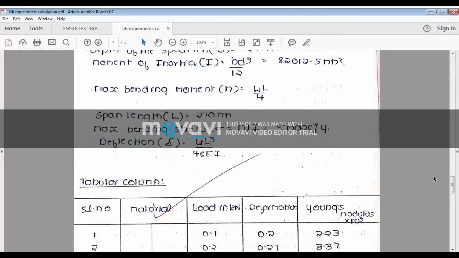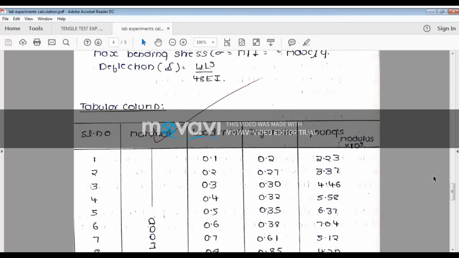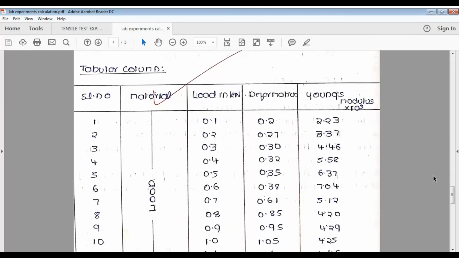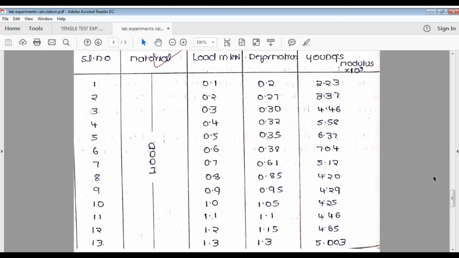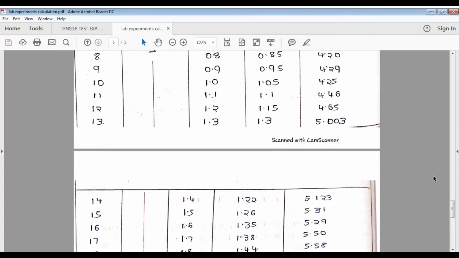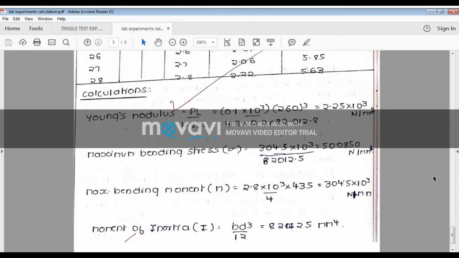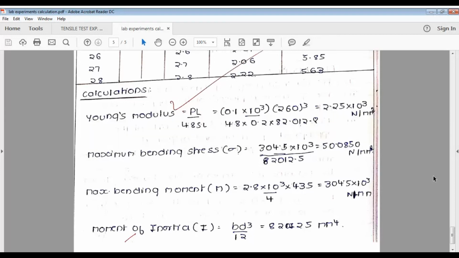These values are taken from the tabular values like load and deformation. Based on that, we identify the Young's modulus value. You can see the Young's modulus is calculated as PL cubed by 48 into delta I, and the maximum bending stress sigma is M by I into y.